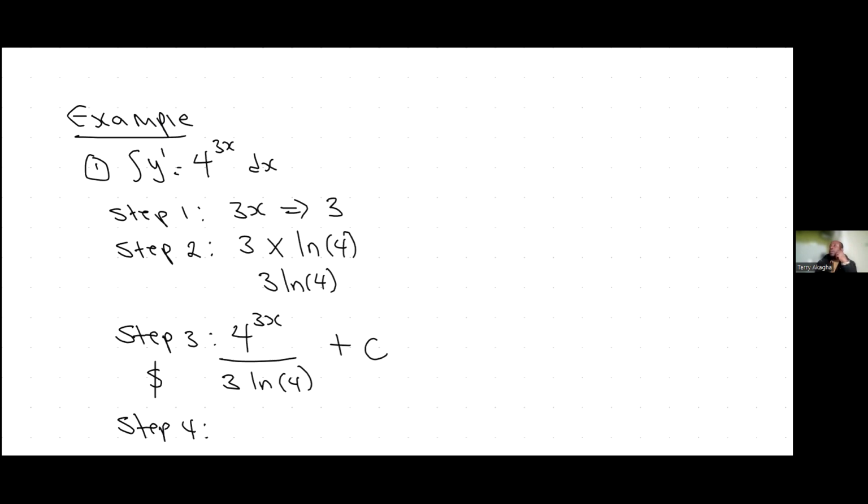Let me pick one more example. Let's assume we're told to integrate 5 raised to the power x with respect to x. Same thing, step 1, the power here is x. When you differentiate x, it's going to give you 1.